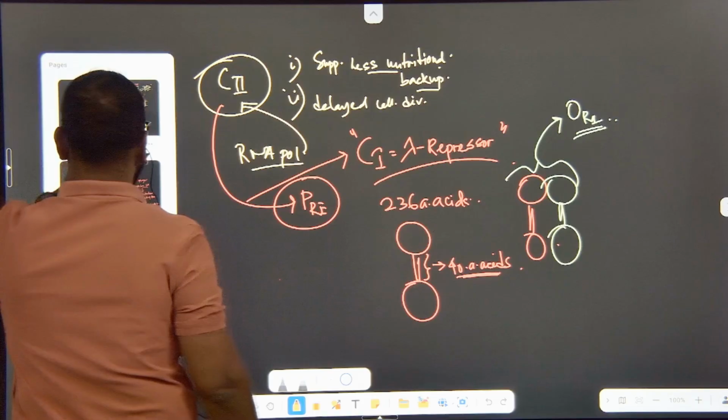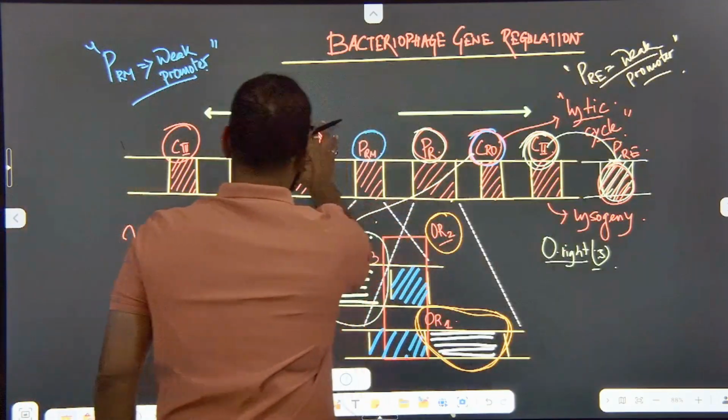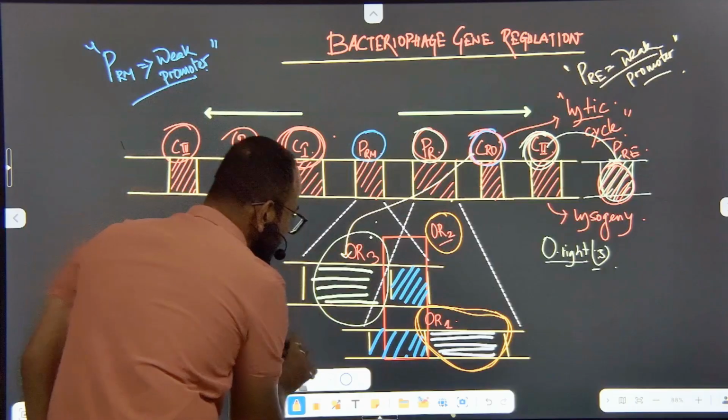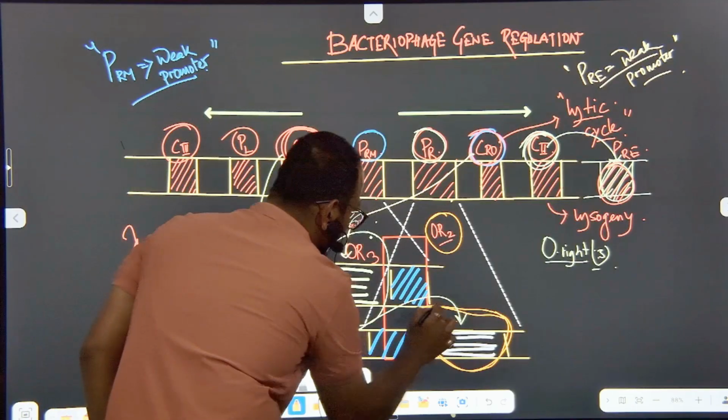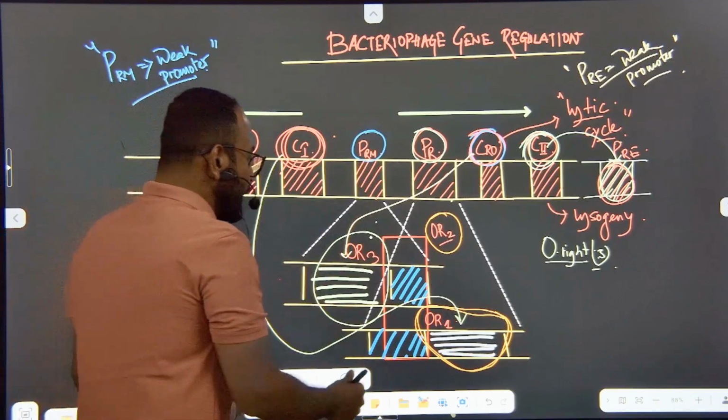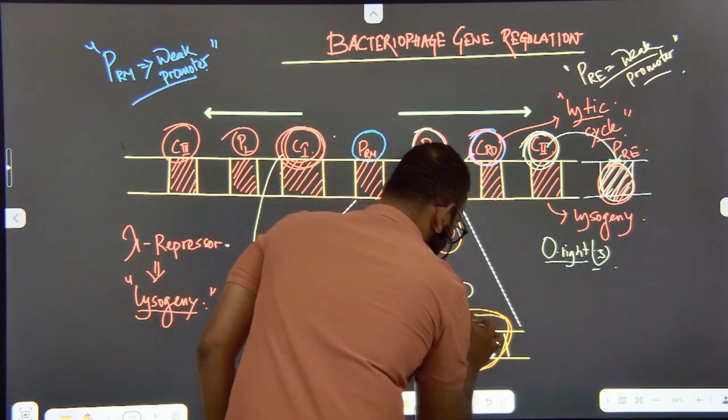Let's see where OR1 is. C1, after getting synthesized, shows high affinity towards OR1, and it binds in the form of a dimer.